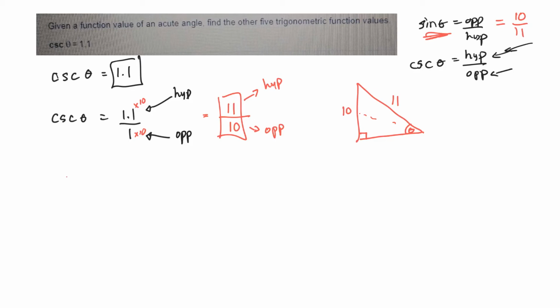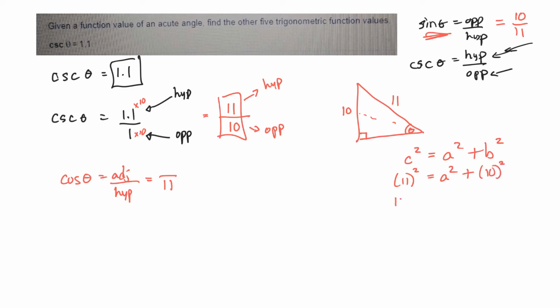But if I wanted to go for the cosine ratio, that's adjacent over hypotenuse. Yes, I know the hypotenuse is 11, but I don't know the adjacent side. So in order to find the adjacent side, I'll use Pythagoras. So c squared is equal to a squared plus b squared. C is 11, is equal to a squared plus the opposite side, 10 squared.